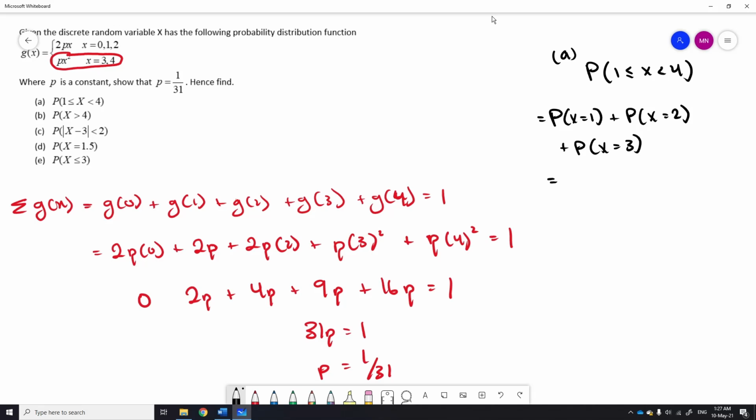So p(x equal to 1) is 2 over 31, p(x equal to 2) is 4 over 31, and plus 9 over 31. So we have the answer 15 over 31.